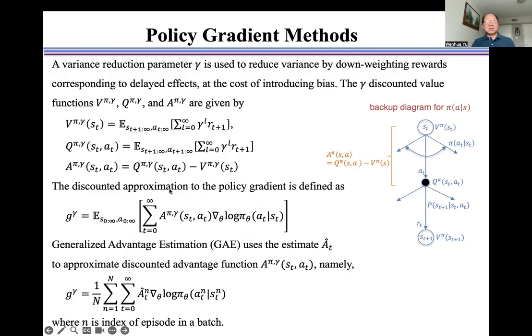The discounted approximation to the policy gradient is defined as here. Generalized advantage estimation uses the estimate A_t hat to approximate the discounted advantage function A pi gamma, namely in this equation, where n is the index of the episode in a batch.